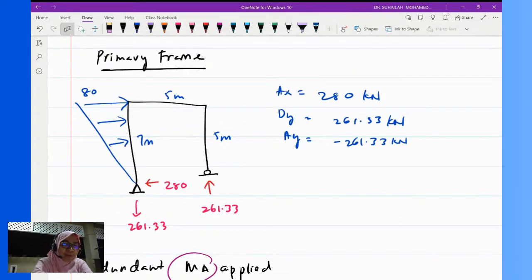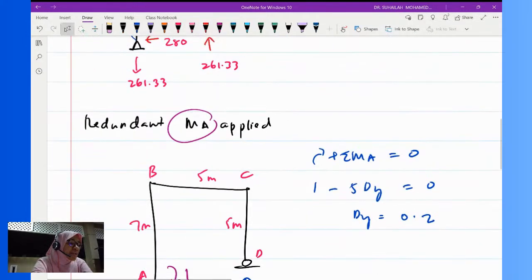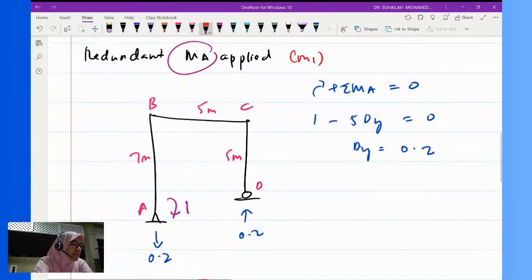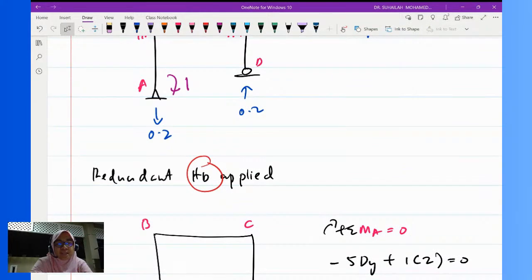This is the first one, the primary frame, where we write M naught. In redundant MA applied, redundant number 1, this is M1. And for redundant HD applied, redundant number 2, this is M2.